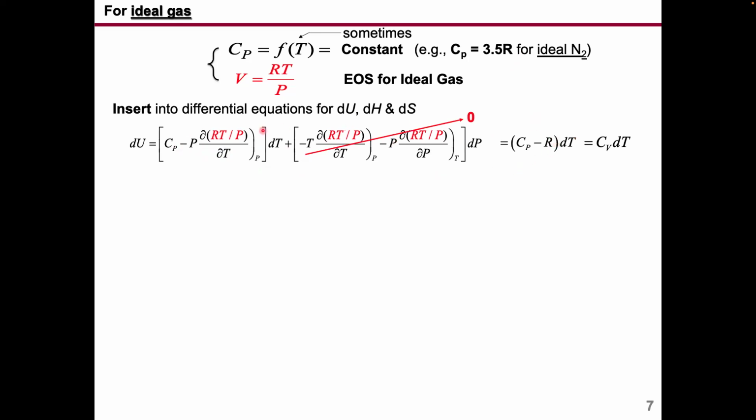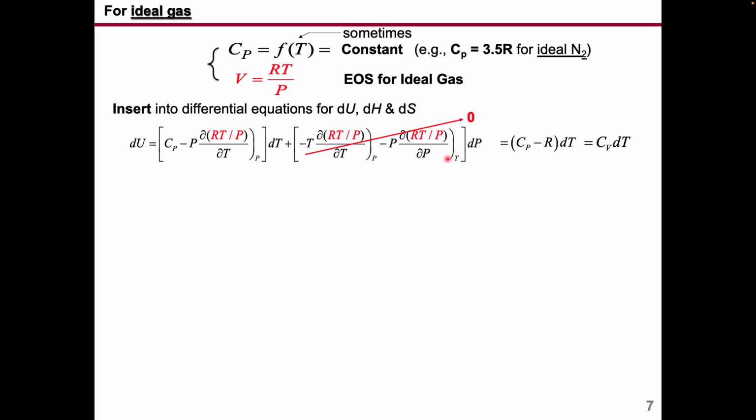So in the end, this is like Cv dT, and on the other term, same thing, it's going to be R divided by P, R divided by T in this case.